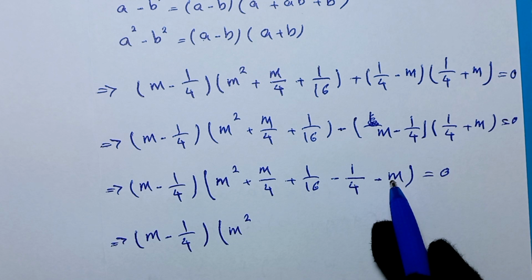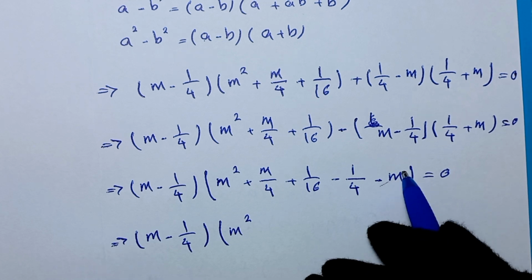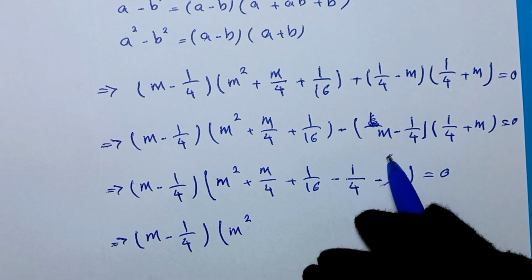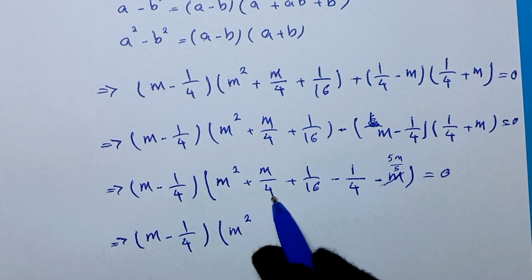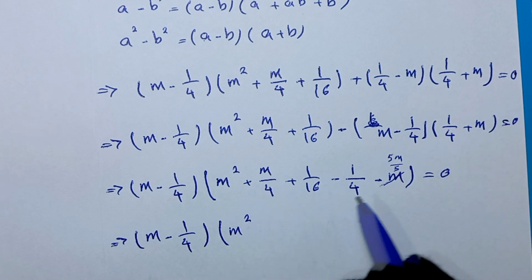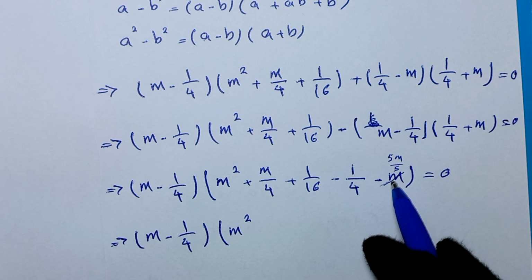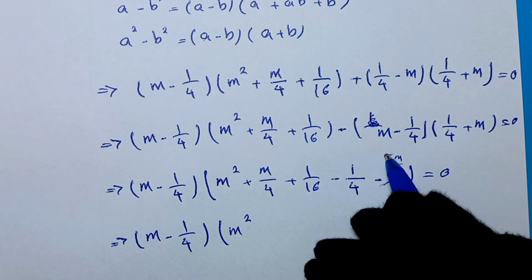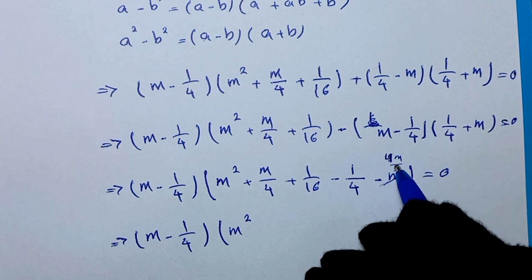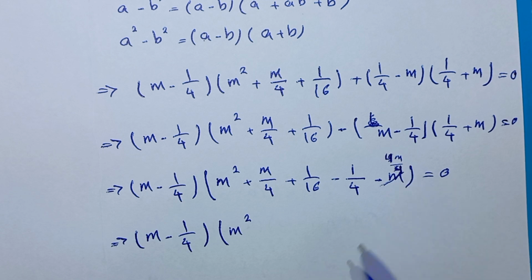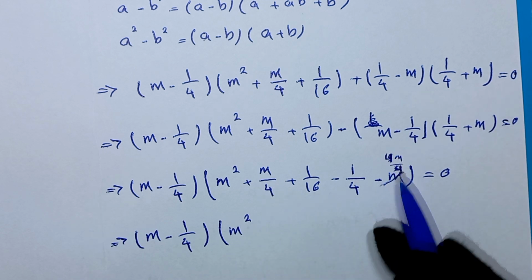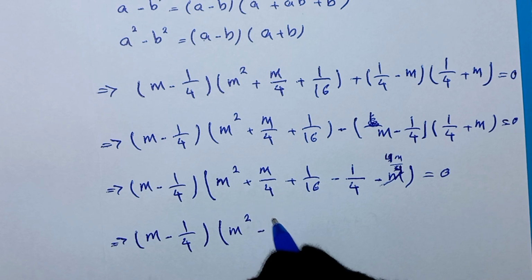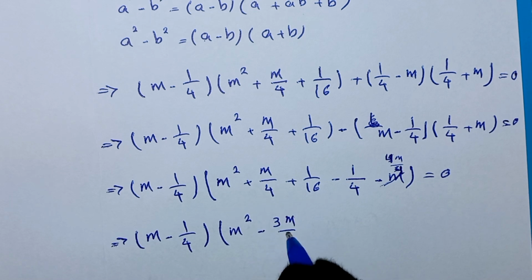We can write this m as 5m over 5, right? And m over 4 minus 5m, sorry, we can write this as 4m over 4, right? So m over 4 minus 4m over 4, it will be 3m over 4.